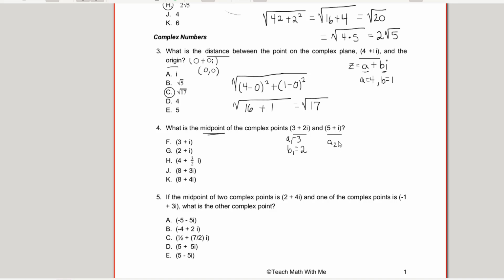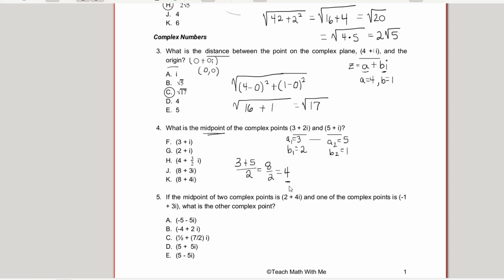Here a sub 2 is 5 and b sub 2 is 1. And since we're finding the midpoint, we're going to take the a values, the real values, add them up and divide by 2. That will give us the midpoint of our real component. So that's 8 divided by 2, which is 4. So this is the real component.